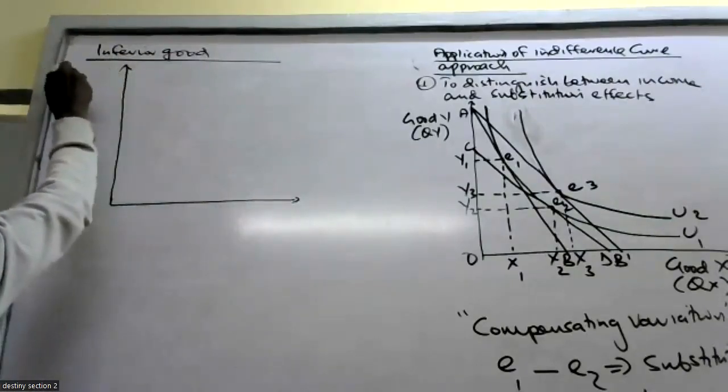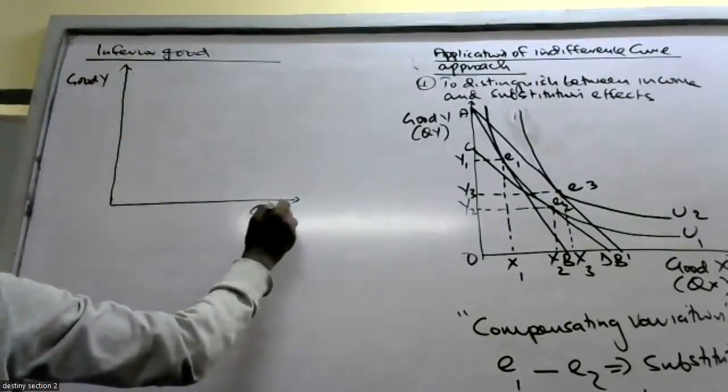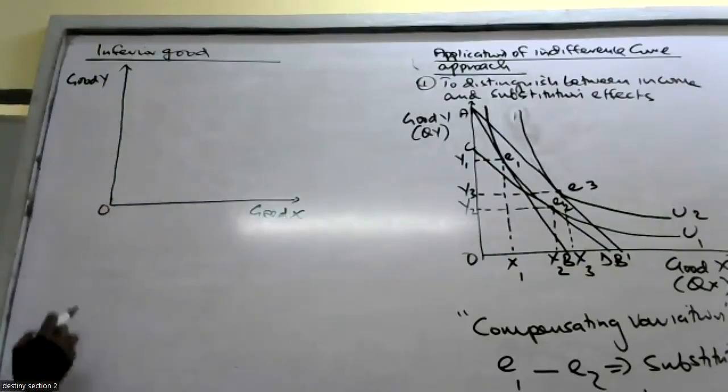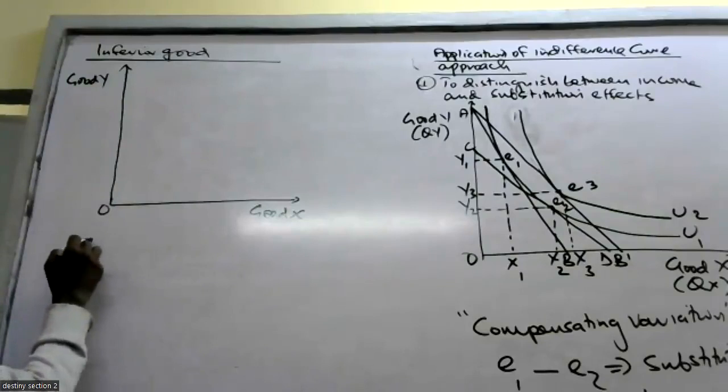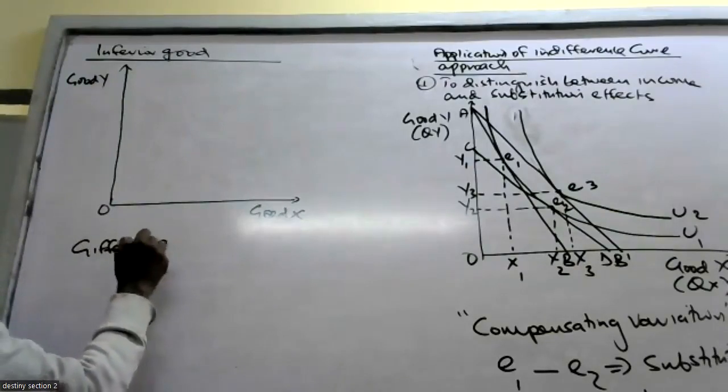So this is good y, and this is good x. That's for an inferior good. Then I'll draw another one here for a different good, so that you can see where the difference is coming.